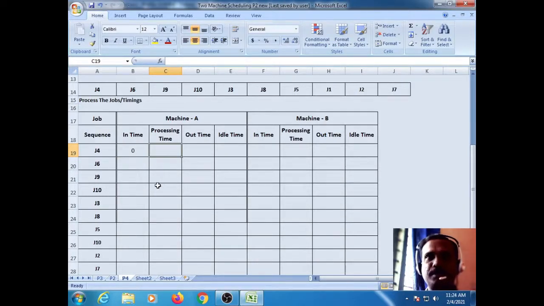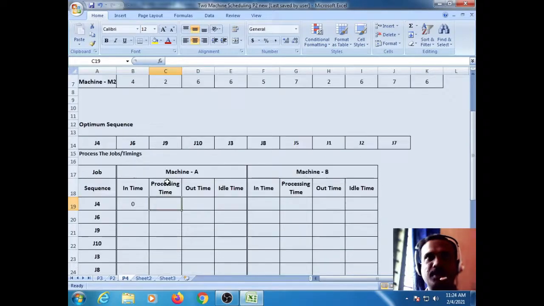The problem doesn't say whether it is hours or minutes, so I am simply assuming it is hours. So here I am taking 0 hour. First we have to process job 4 on the two machines. That is our first target.